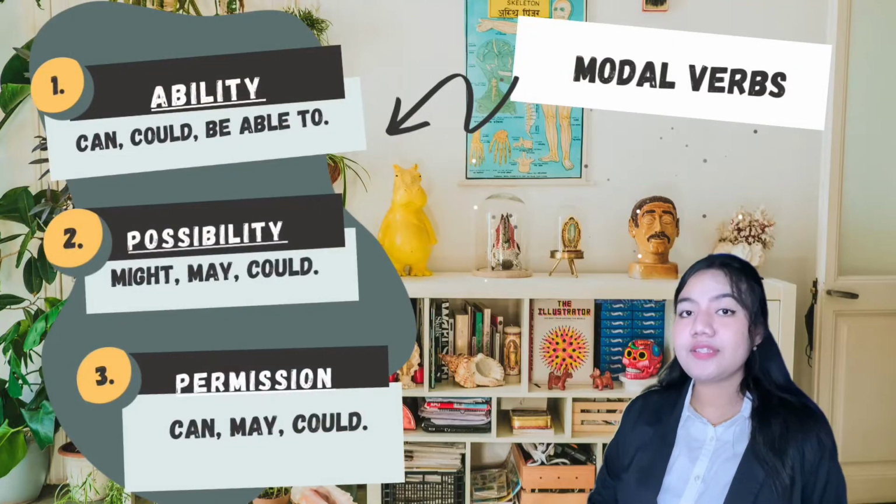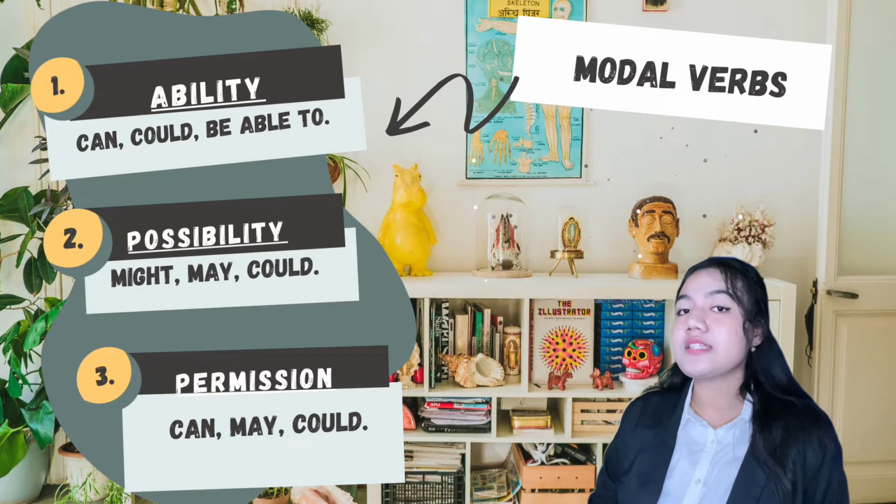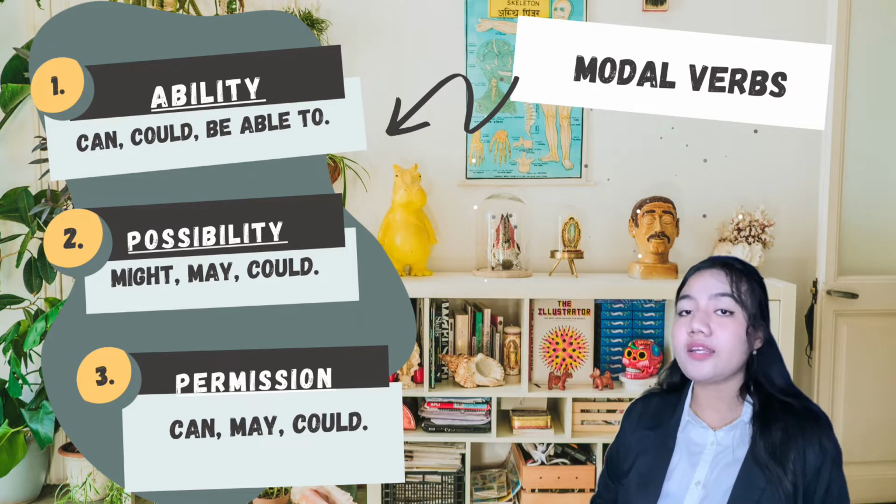So let's look at what modal verbs are: words that express different kinds of meaning. First, modals of ability, such as can, could, and be able to. Second, modals of possibility, such as might, may, and could. Third, modals of permission, such as can, may, and could.